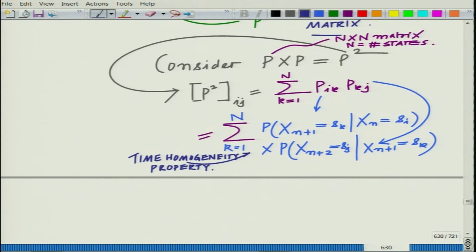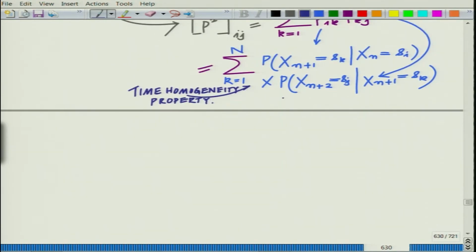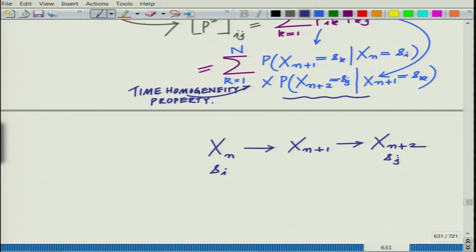And so therefore, now this can be written as, and now you can see this describes going from X_n to the state X_{n+1} to the state X_{n+2}. So, we have X_n in state S_i, X_{n+2} in state S_j, and X_{n+1} in S_k.